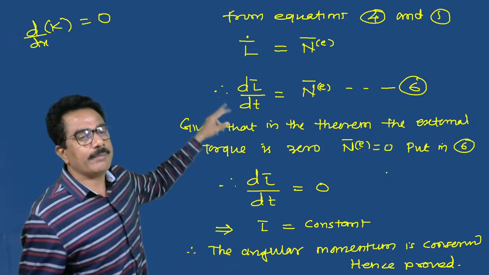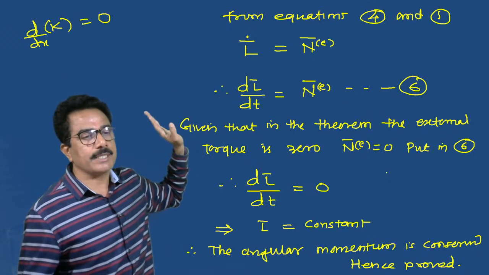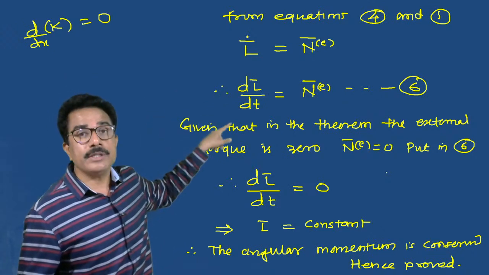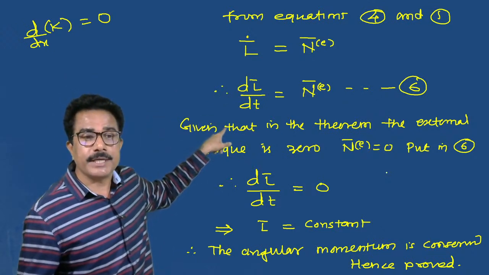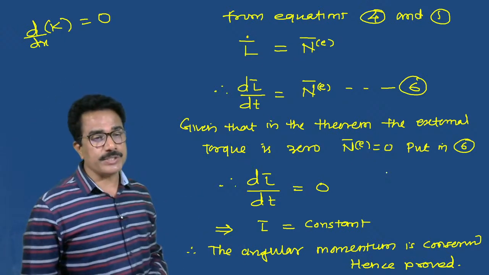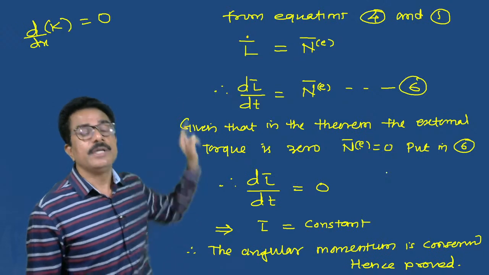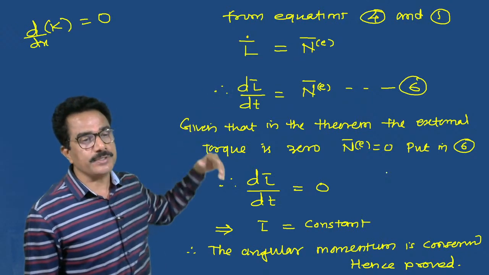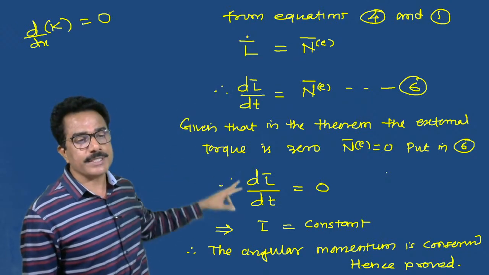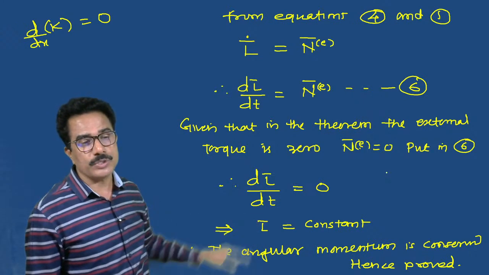So dL bar by dt is equals to N bar external. But according to the given statement of the theorem, total external torque is 0. Therefore N bar external is equals to 0. Put in equation 6, dL bar by dt is equals to 0.